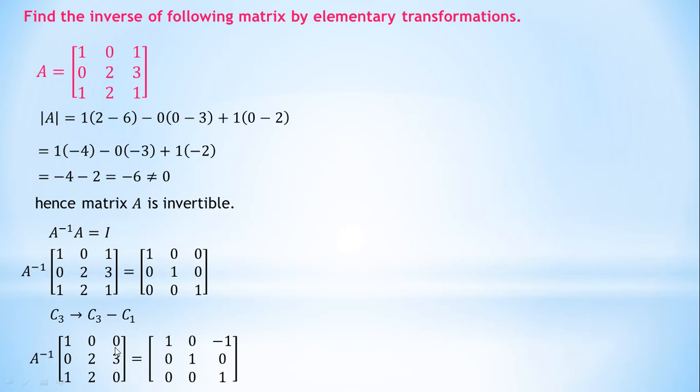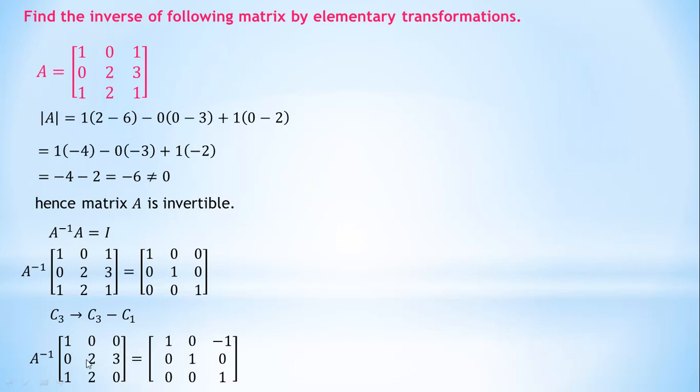So column number 3 changes like this. Now in this case also, write the first column as it is, second column as it is, and here 0 minus 1, that is minus 1, 0 minus 0, that is 0, then 1 minus 0, that is 1. So you just change column number 3 like this on both sides. So we get 0 here.